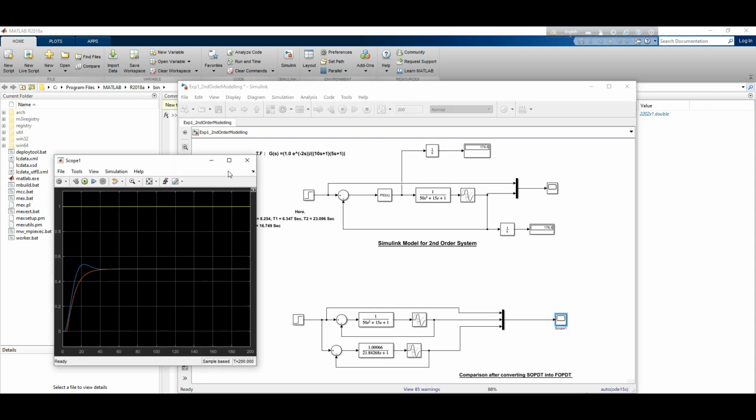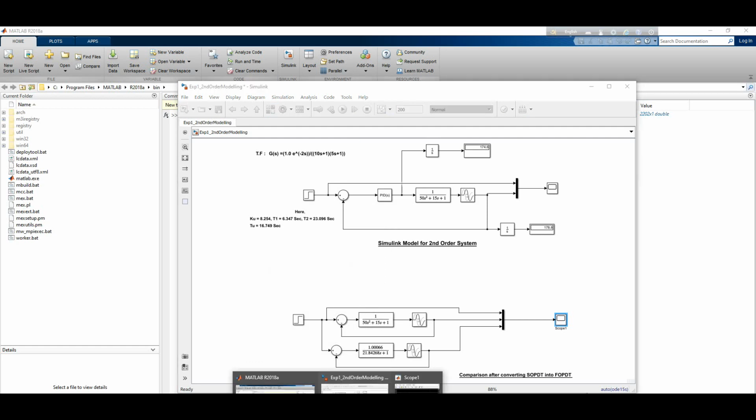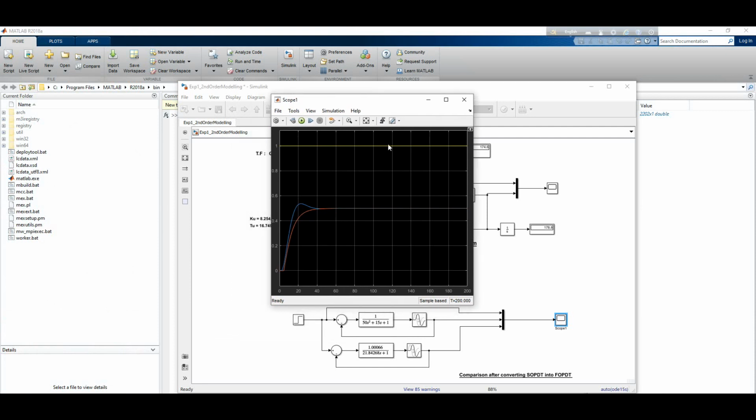After that, this is the output of both the systems, for the first order as well as the second order. A slight change occurs, but it is tracing the same, right?